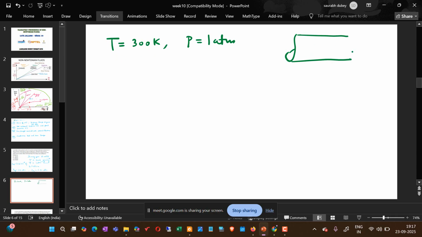Suppose this is that pipe, right? Here and here you are given the pressure. Suppose it is Z1, Z2. So Z2 minus Z1 is given as 25 into 10 to the minus 2.